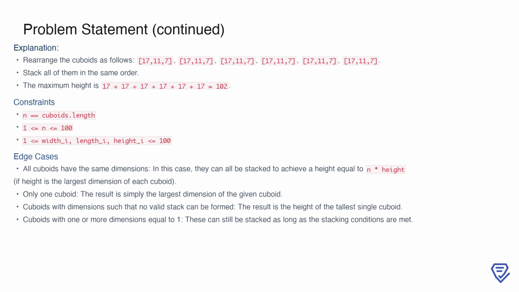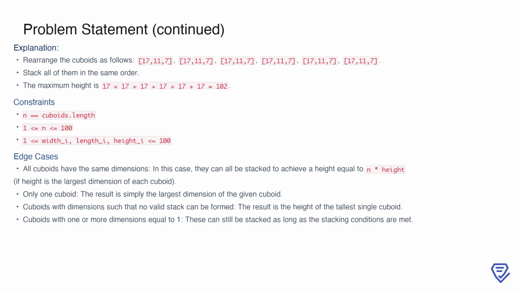Since all the cuboids now have the same dimensions, they can all be stacked on top of each other. The total height of the stack is calculated as the sum of the heights of all six cuboids. With each cuboid contributing a height of 17, the total height becomes 6 times 17, which equals 102. Therefore, the output is 102.